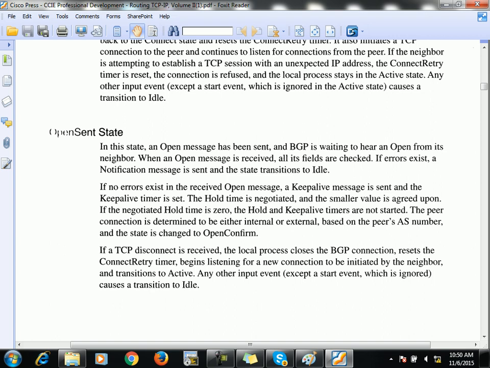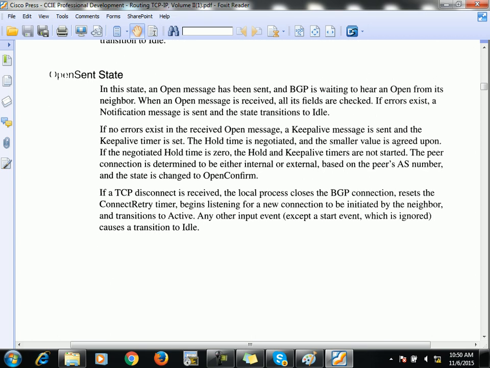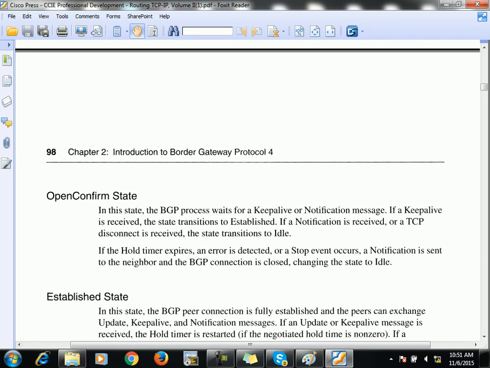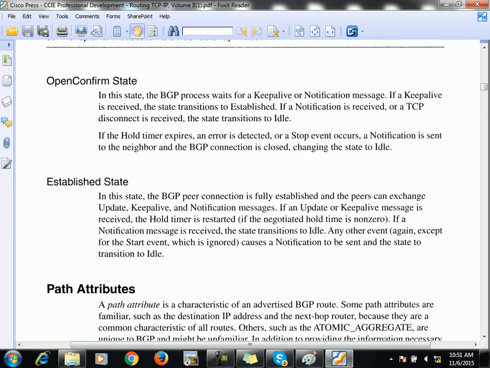Open sent state, which means an open message has been sent, and BGP is waiting to hear an open from its neighbor. When an open message is received, all its fields are checked. If an error exists, a notification message is sent and state transitions to idle. And finally, if no error in the received open message, then it will move into open confirm. In open confirm, it will wait for keep alive message.